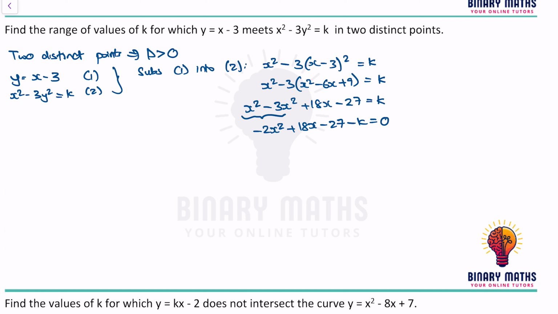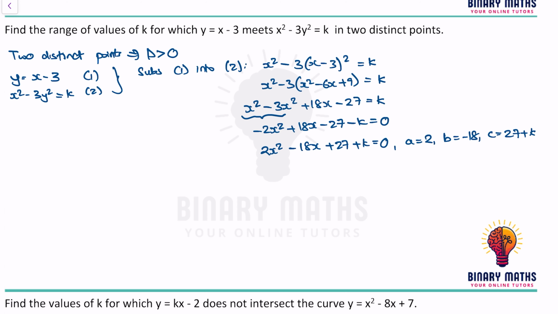I don't like a negative x squared coefficient, so I'm going to multiply everything through by minus 1. So I end up getting 2x squared, take away 18x plus 27 plus k is equal to 0. Okay, and in this case, a is equal to 2, b is equal to negative 18, and c is equal to 27 plus k.